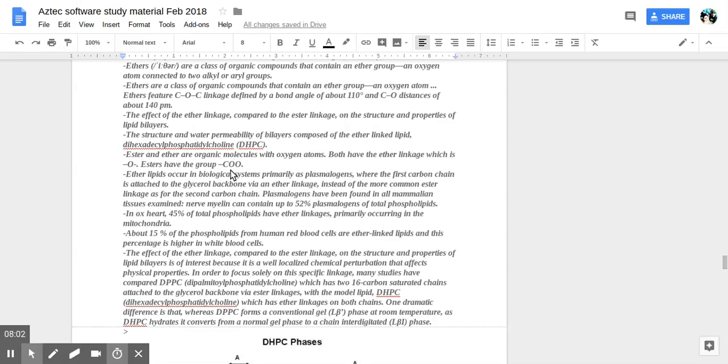Esters, however, have two oxygens, COO. Ether lipids occur in biological systems, primarily plasmalogens, where the first carbon chain is attached to a glycerol backbone via an ether linkage, instead of more common ester linkages where the linkage is to the second carbon.